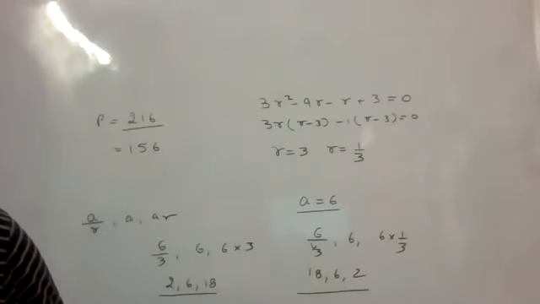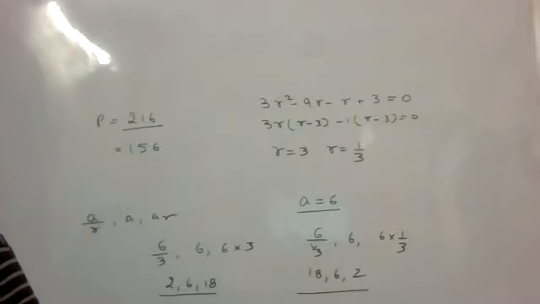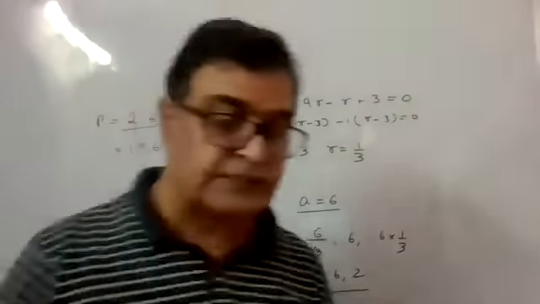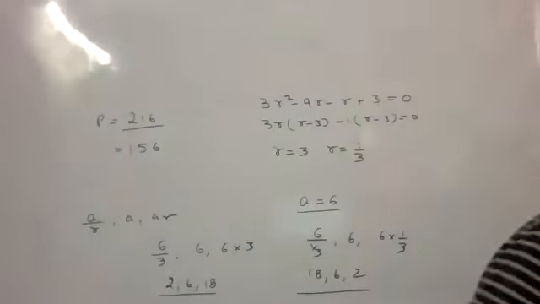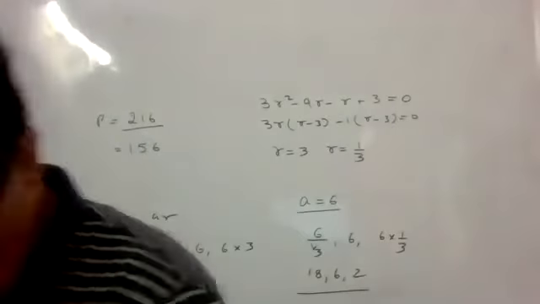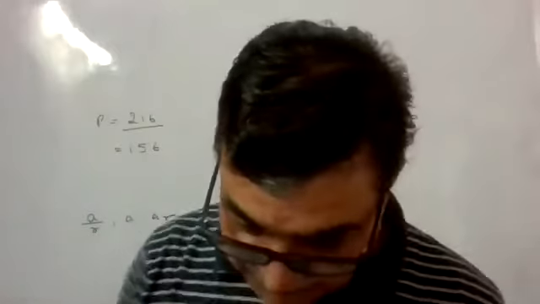Next question please. Three numbers are in GP whose sum is 70.